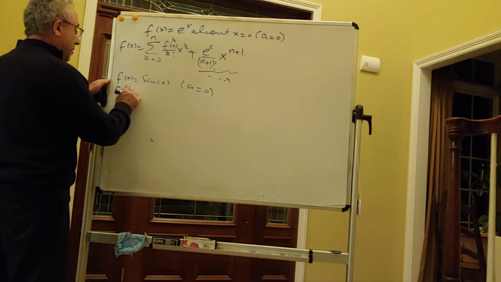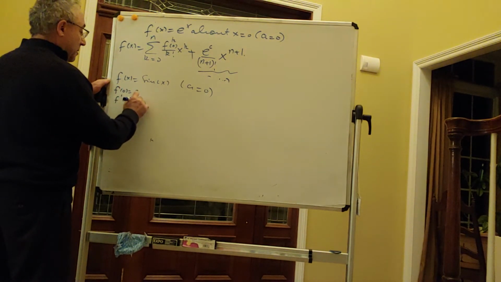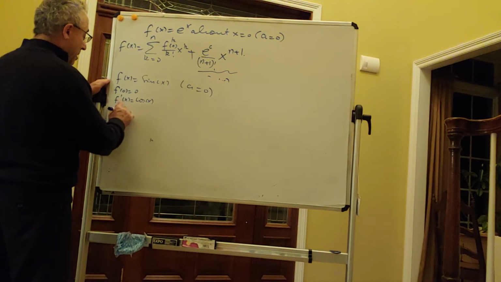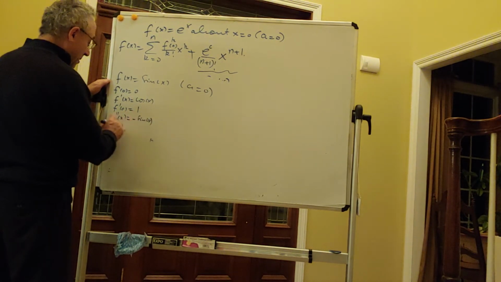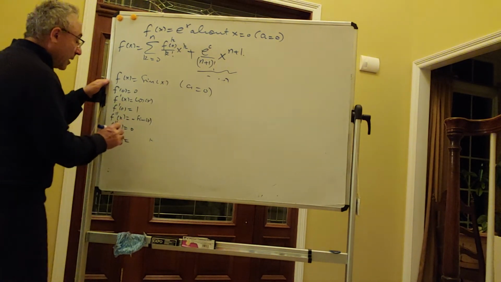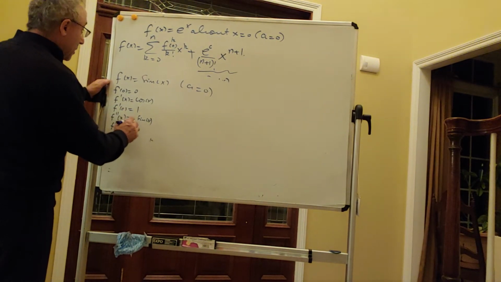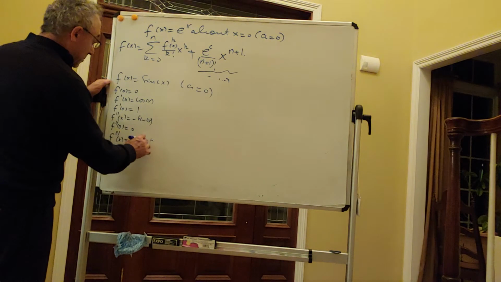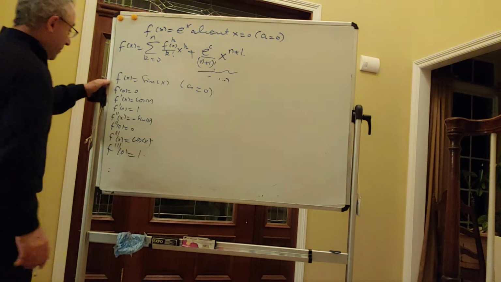We know f of 0 is 0, f prime of x is cosine x, f prime of 0 is 1, f second of x is minus sine x, and f second of 0 is 0. f third of x is the derivative of minus sine, so we have cosine x, f third of 0 is 1, and so forth.